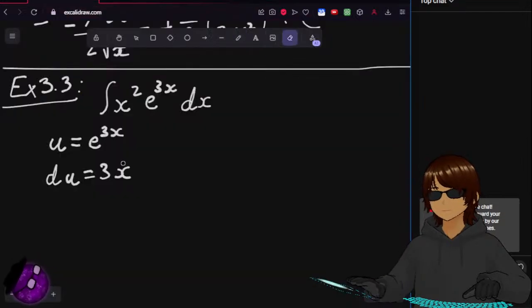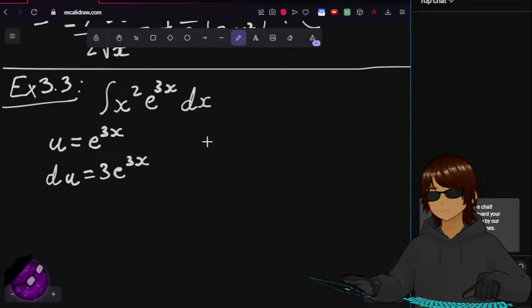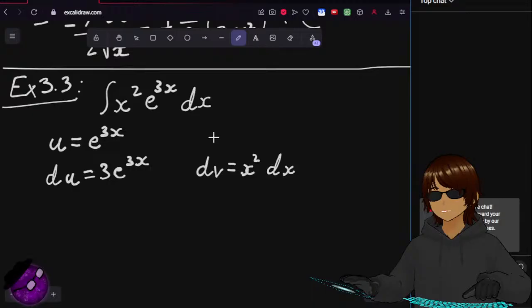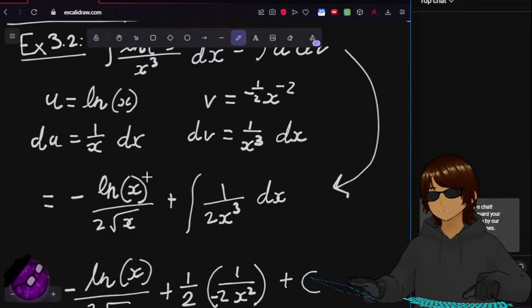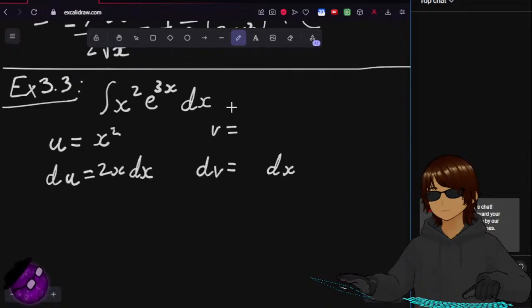No, e to the 3x times 3. Now I want dv to be like this. Wouldn't it be easier if it's reversed? Wait. Yeah. So this is u and all of this is v.